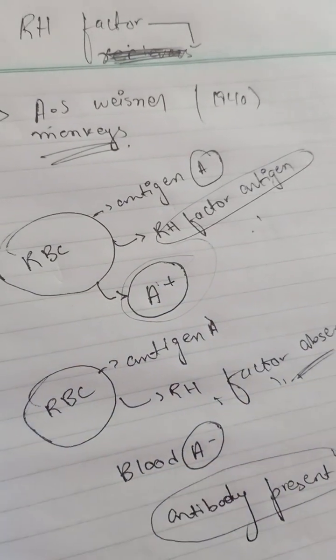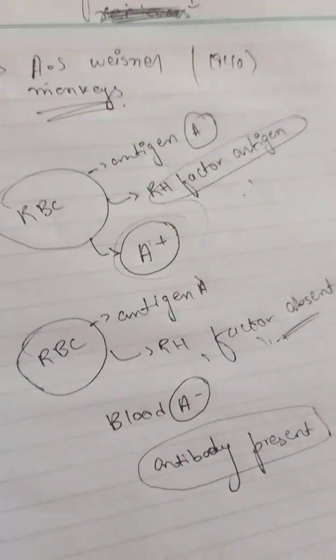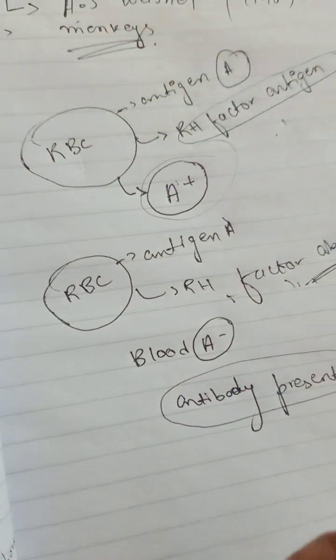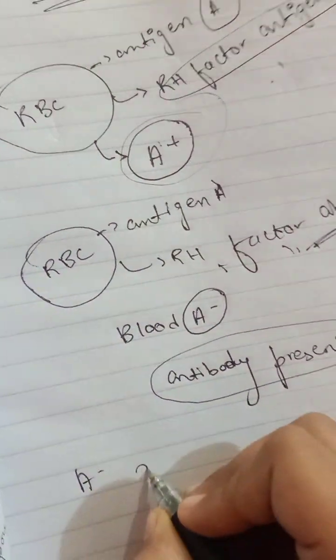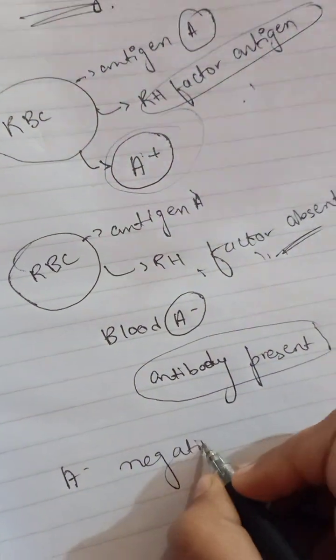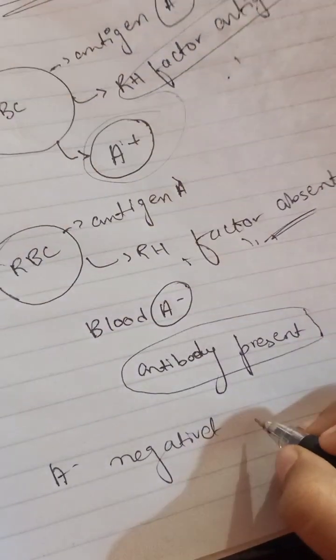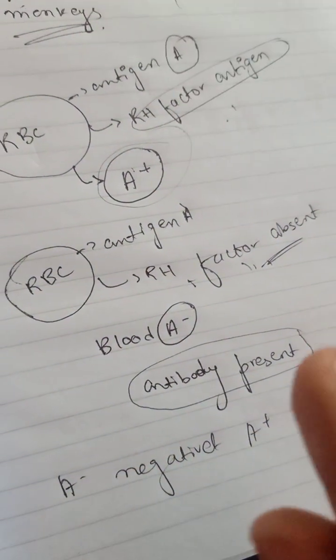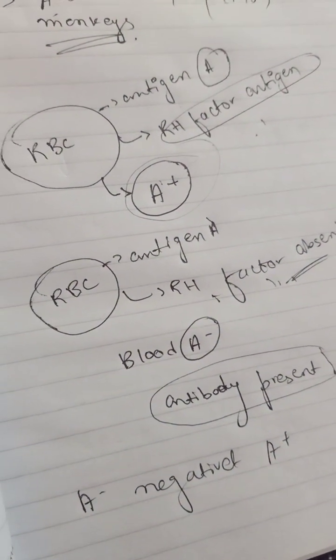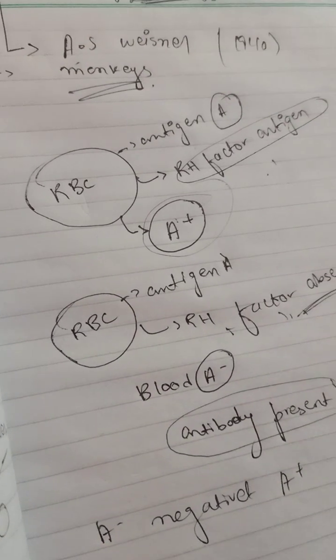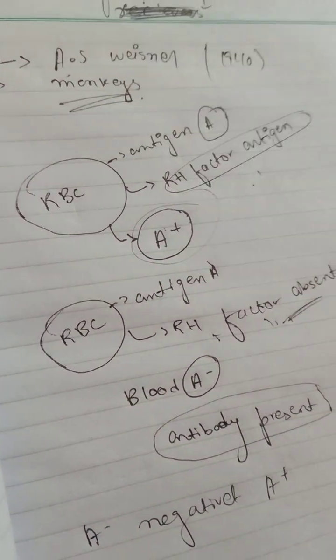Okay, one more thing I want to tell you guys, that A negative can give blood to A positive, but just for one time. Next time, or the second time, it cannot give.